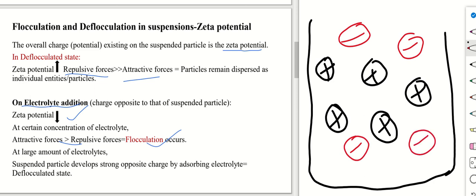If we have added an optimum concentration, the attractive forces will be higher when compared to the repulsive forces, and thus flocculation occurs. What if we have increased the concentration of electrolytes? Now let's see what happens because of the increased amounts.